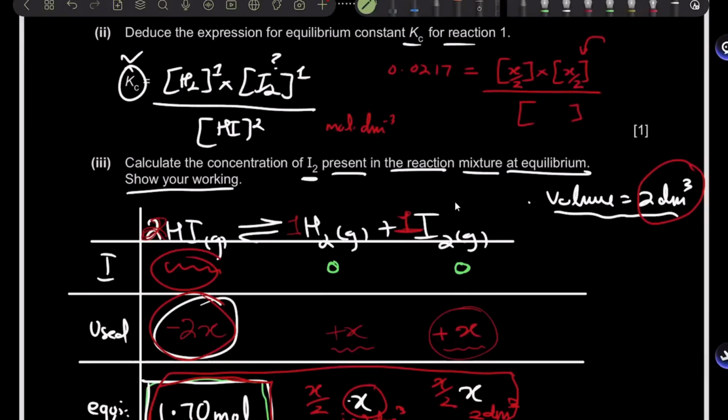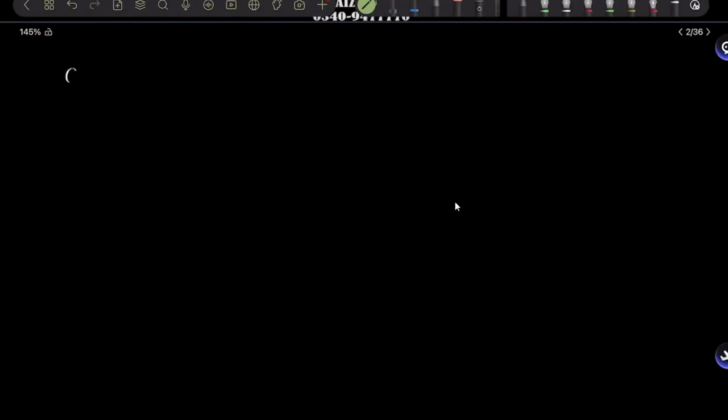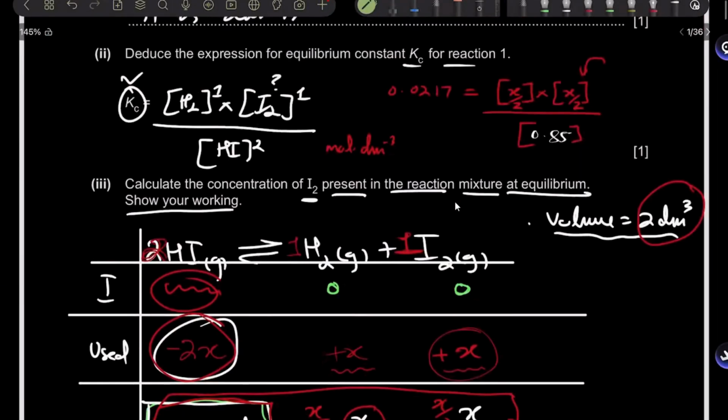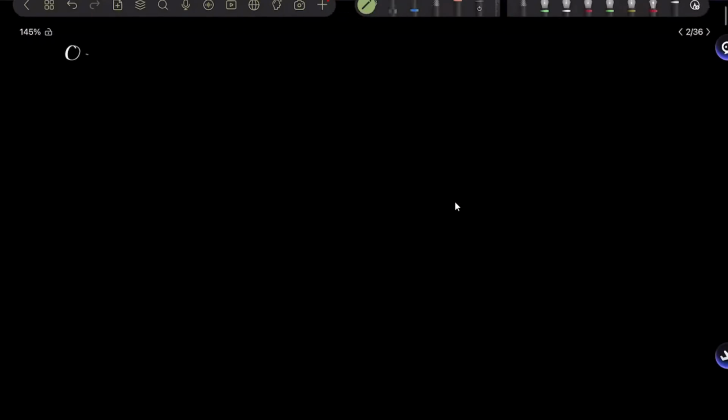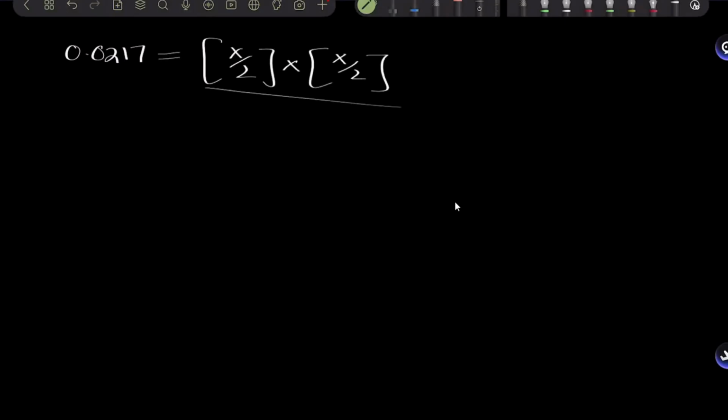That would be 0.85 moles. So now I need to solve this. Let me add a page. So I have the expression as 0.0217 is equal to X by 2 into X by 2 divided by 0.85.